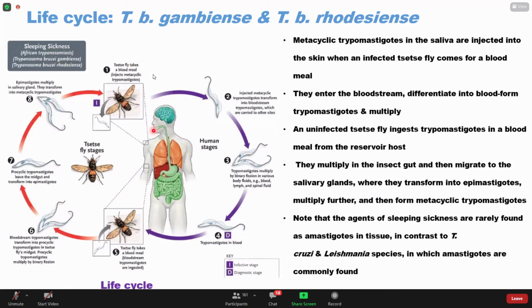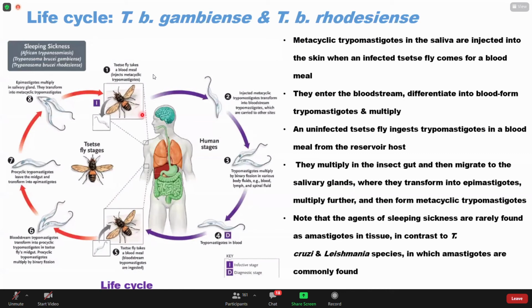When the tsetse fly comes in for a blood meal, it's going to inoculate the metacyclic trypomastigote. Remember that with T. cruzi, the infective form is not inoculated. It is passed out in the feces, and then the host is going to rub it in.